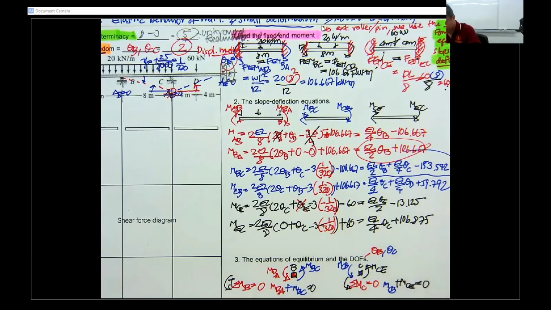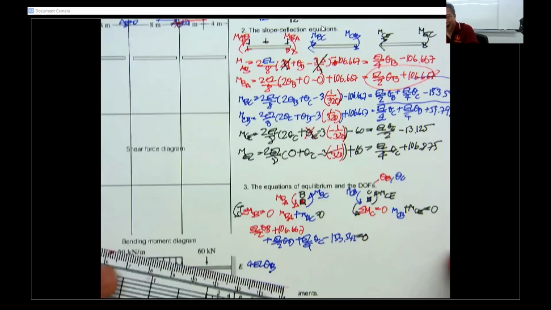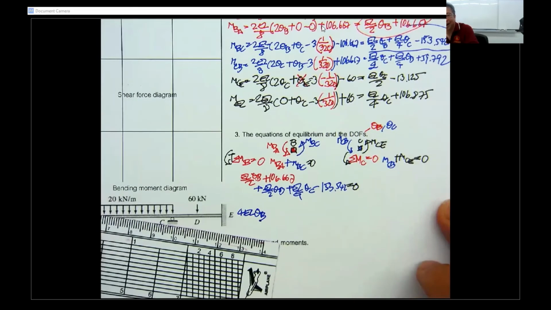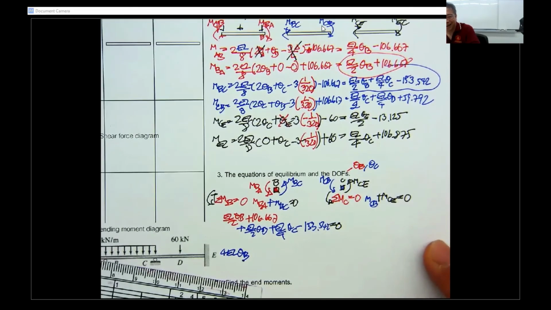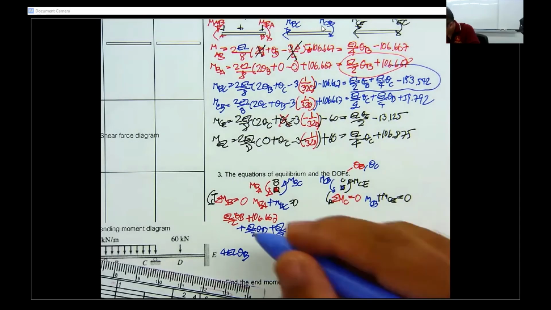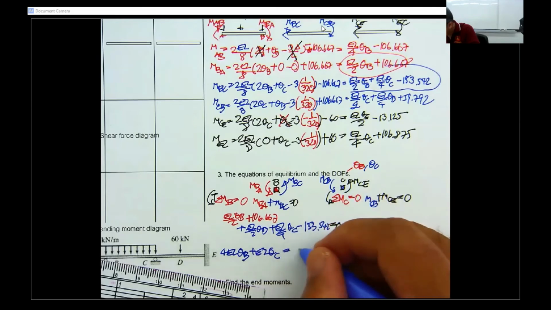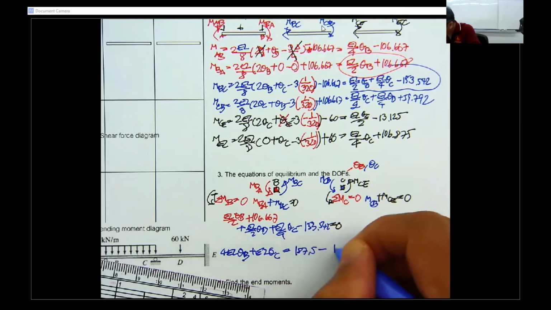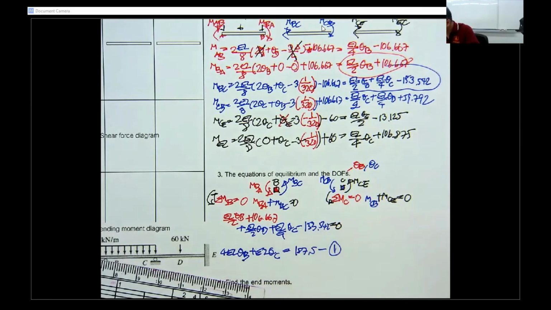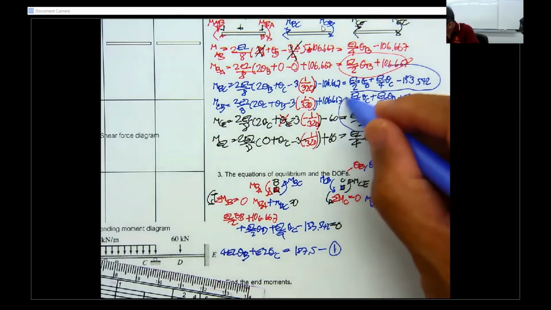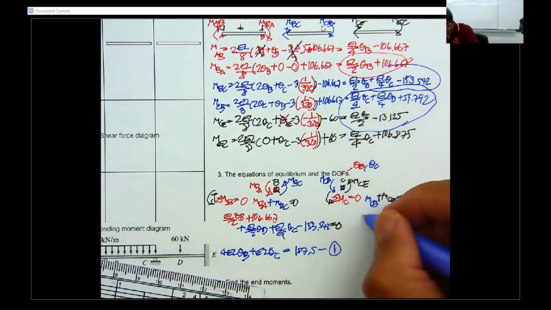You're going to get this one for the first equation for EI theta sub B, and then just plus EI theta sub C, and this is going to be equal to 187.5. You have to stop the video and try to solve it by yourself. Then you use these two equations combined together.